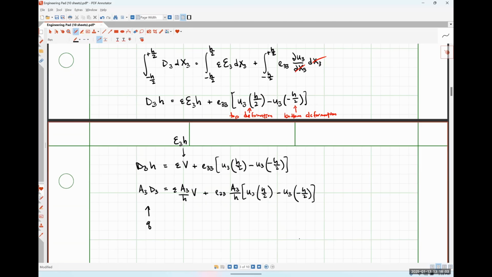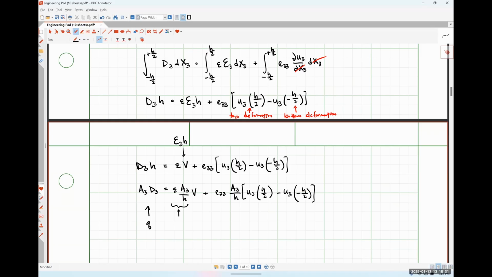So what about just this part right here? We have epsilon times area over a distance, height. What's that? It is not resistance.